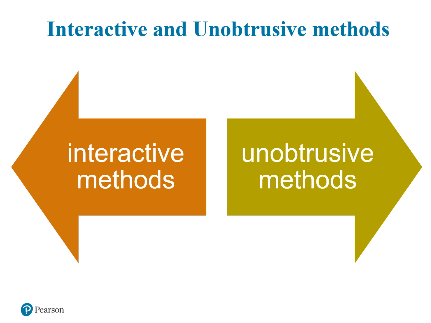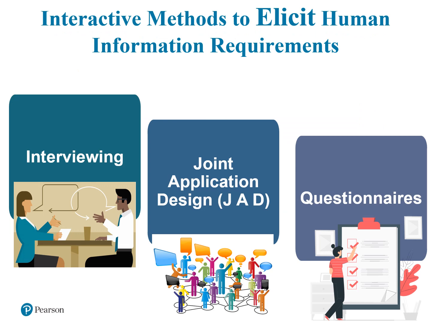The main objective of the interactive methods is to elicit human information requirements by doing interviews, joint application design, or questionnaires. We will discuss each of these methods in detail after a while.